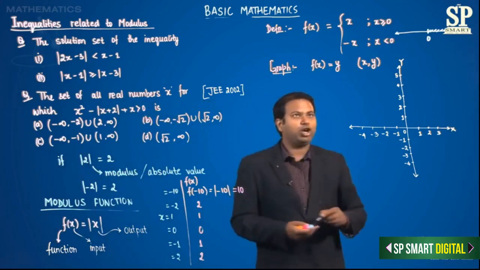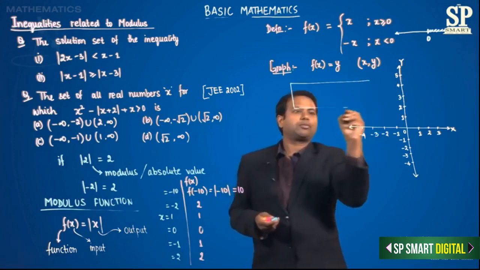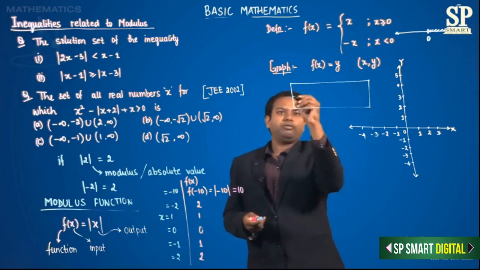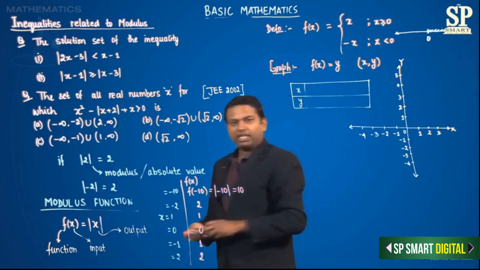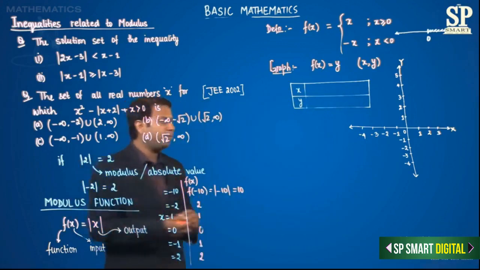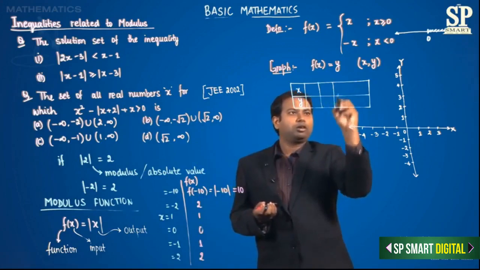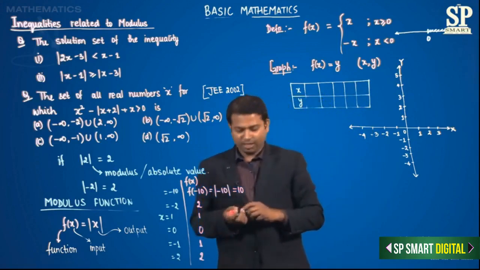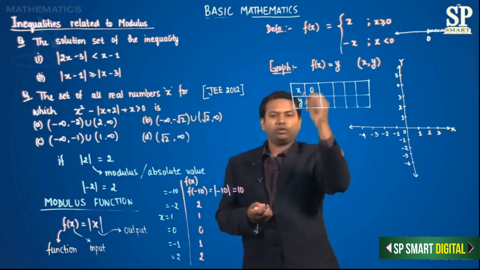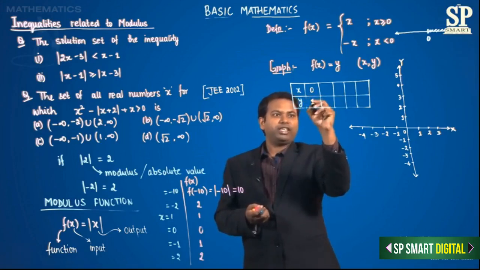Now let me draw a small table here where we are going to record the values of x and y, that is the inputs and the outputs. So let us say the first input that we take is x equal to 0. We get the value of y as 0.